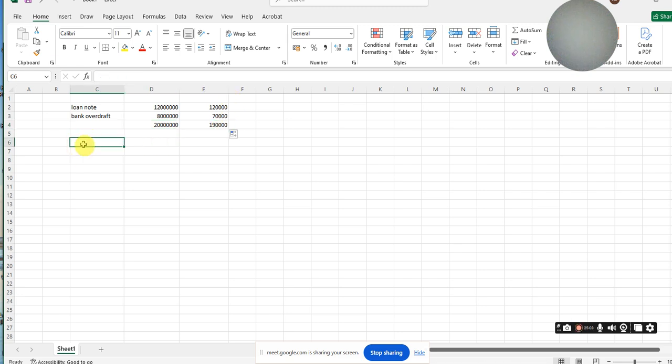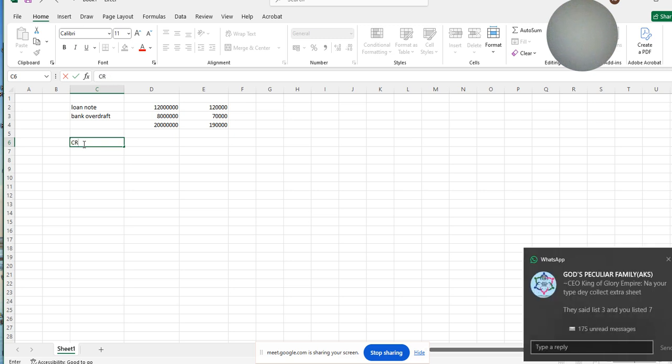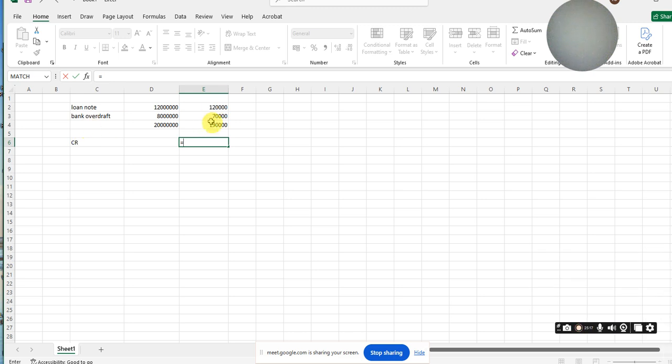Our capitalization rate, let me use CR for capitalization rate, is equal to the total interest divided by the total borrowings, right? You can multiply this by 100 to get your percentage.